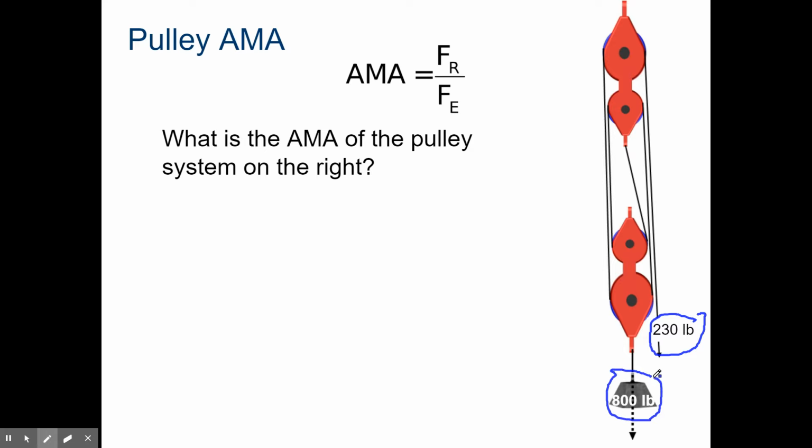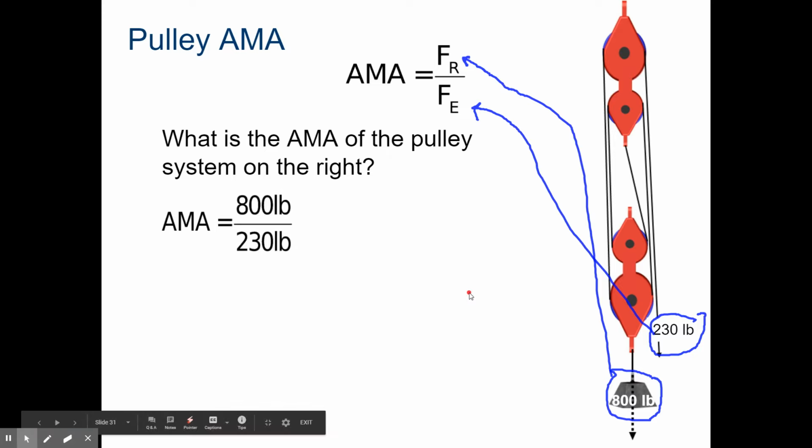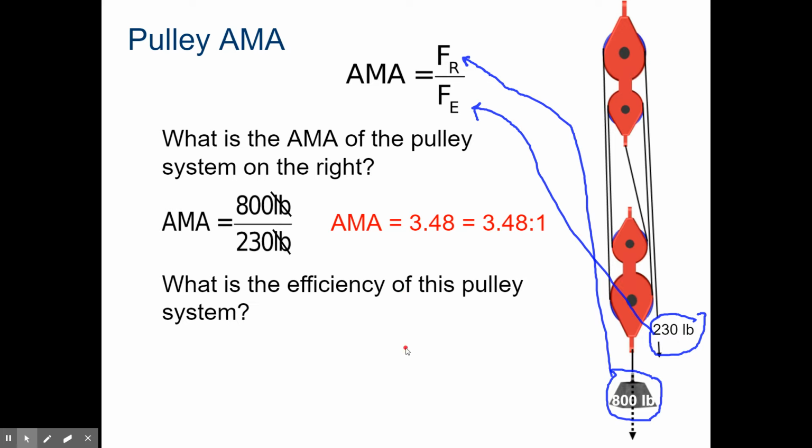Resistance force, I'm trying to lift an 800-pound weight. So resistance is the numerator, effort is the denominator, and then you just have to divide them. 800 divided by 230. Units cancel out. 3.48 is all I need. AMA is 3.48.